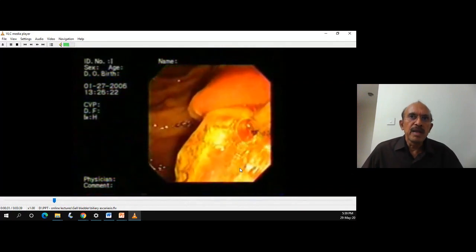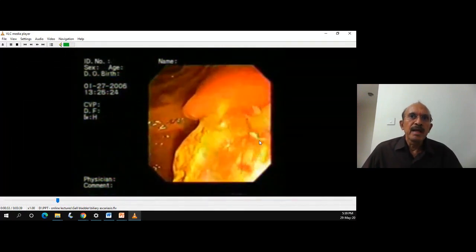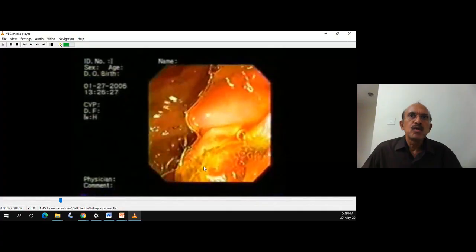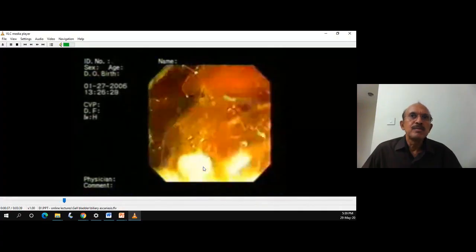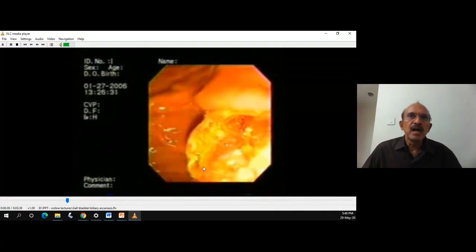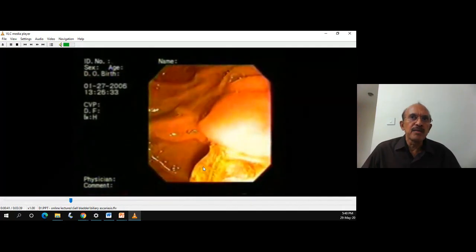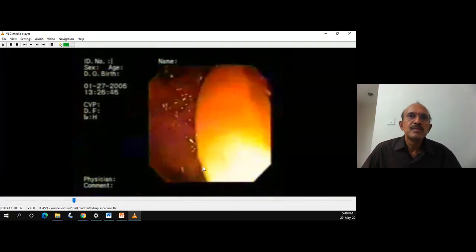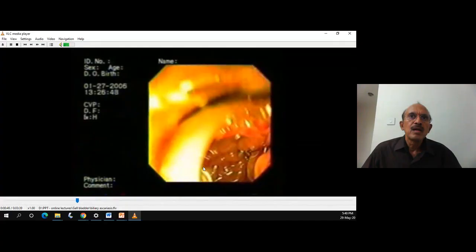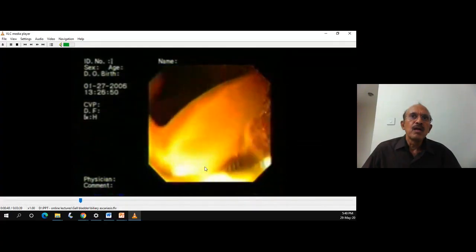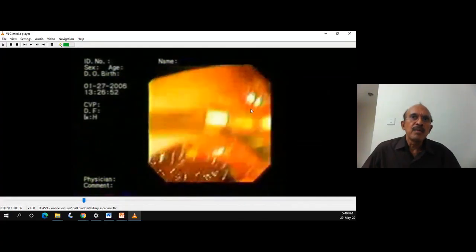They could not remove the worm. Again, an attempt is made to pull out the worm. You're seeing all the bile is coming out with frothy nature. Now you can see the worm ultimately has come out.